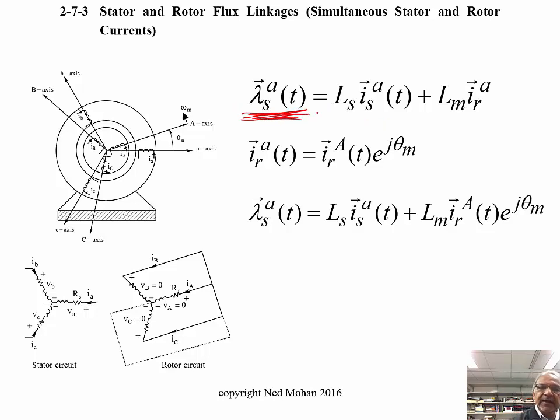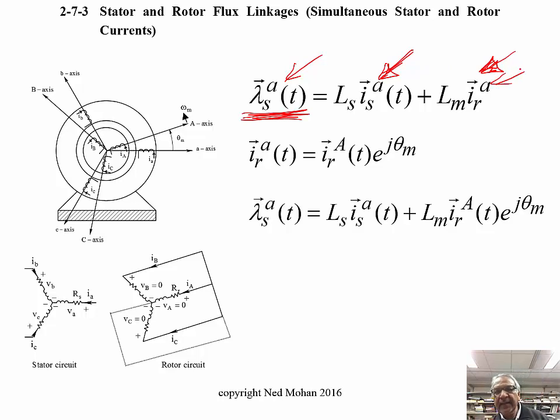This is due to both the stator current space vector and the rotor current space vector, but they all have to be defined with stator a-axis as the reference here. So you see the subscript a here, okay?